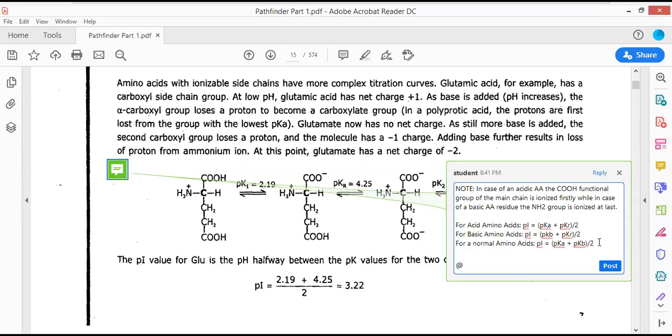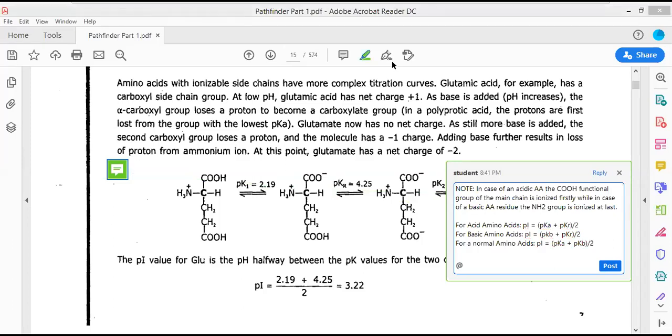So that's all. In this manner, you can calculate the isoelectric point for a different amino acid, whether it is acidic, basic, or a normal amino acid in nature.